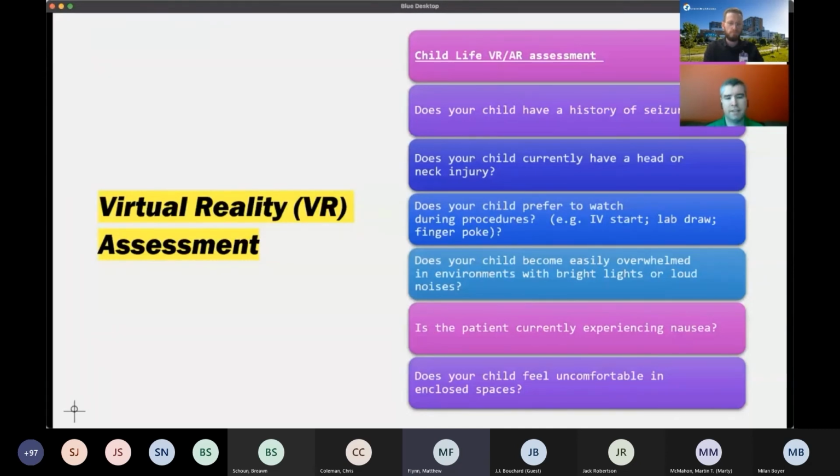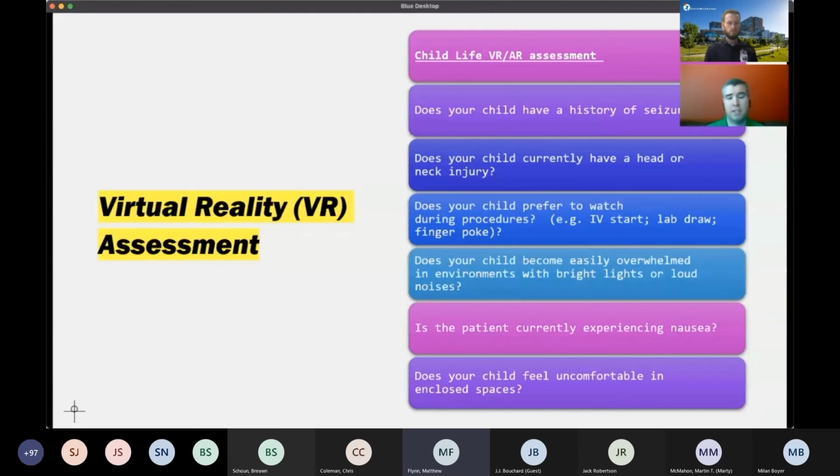And all those things taken into consideration, you might find a patient who would absolutely do great with VR. You believe firmly it would help them, and yet they don't want to use it. It's not due to fear, it's not anxiety, they just don't want to.